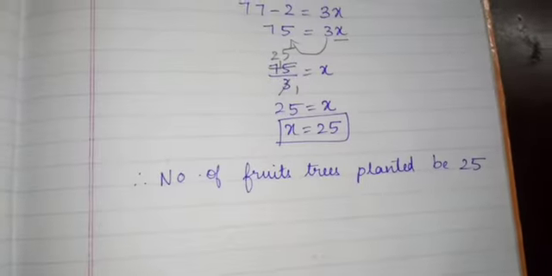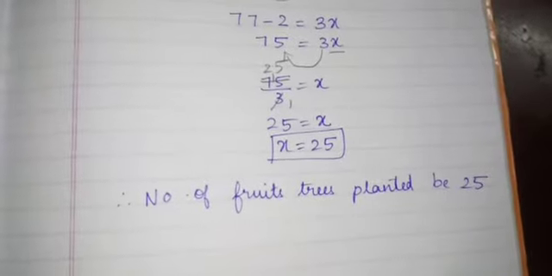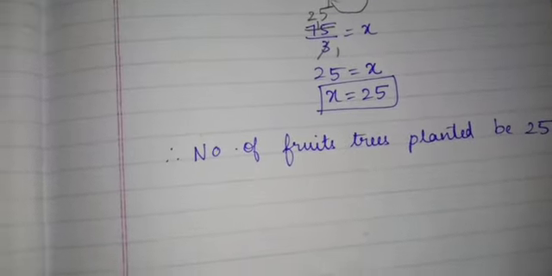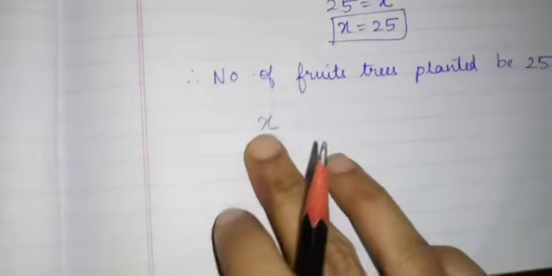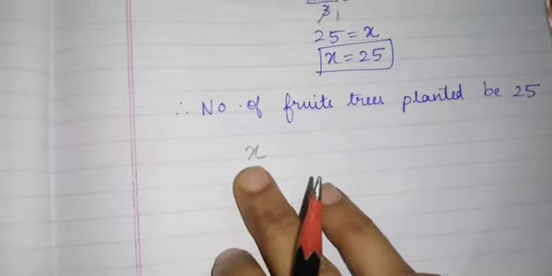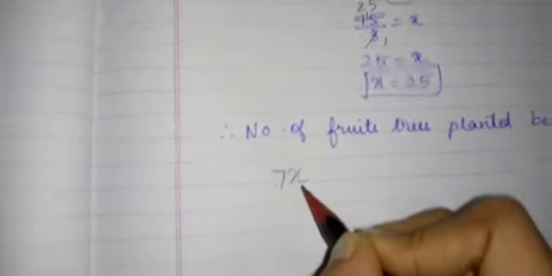Okay, what they are saying: I am a number, tell my identity. They are saying I am one number, I don't know what that number is. Okay, so I have taken that number as x. Now I am a number means I have taken that number as x. Take me 7 times over. So I have to take 7 times over means I have to multiply this number by 7.